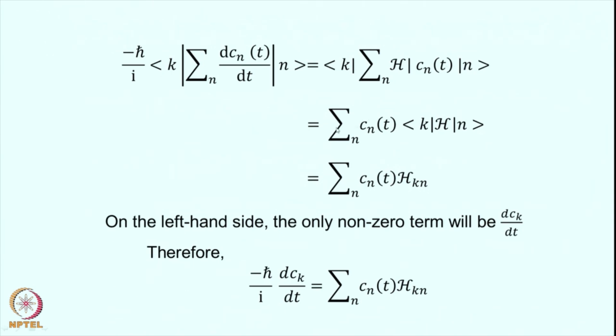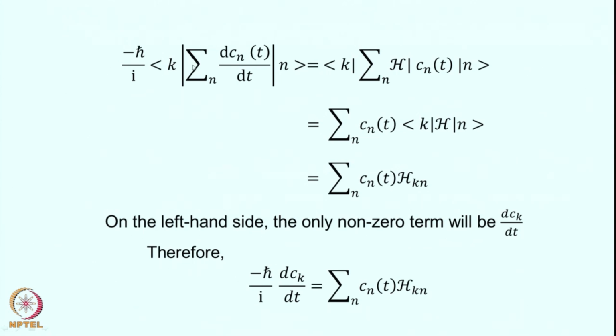Now Cn(t) is a constant with respect to the operator, so we can take that out and move it to the left, and k will come inside. So we will have bra k H ket n. This is the matrix element of the Hamiltonian, and it is represented as Hkn. So the differential on the left hand side is equal to summation Cn(t) Hkn.